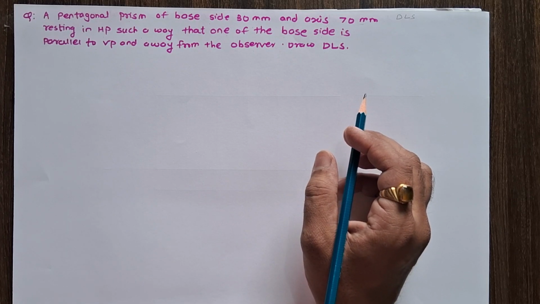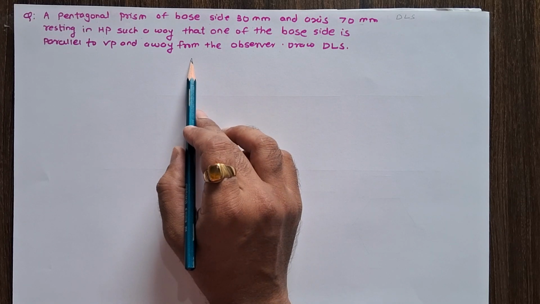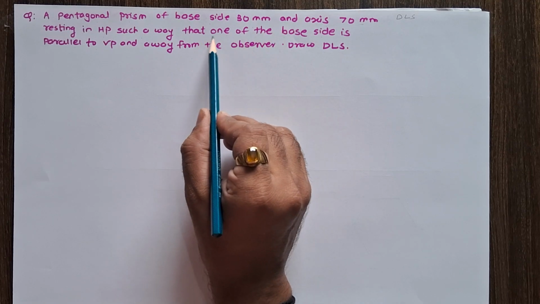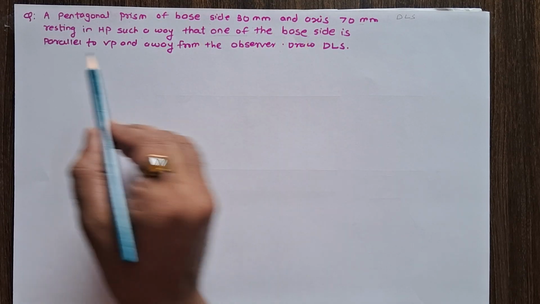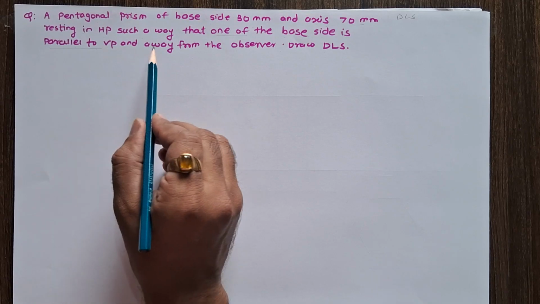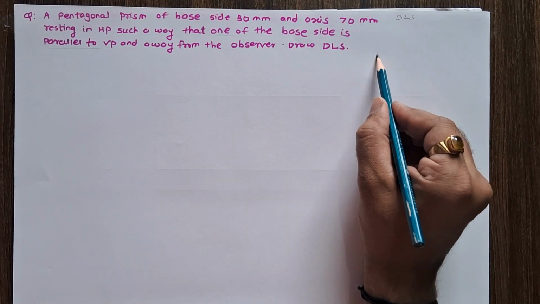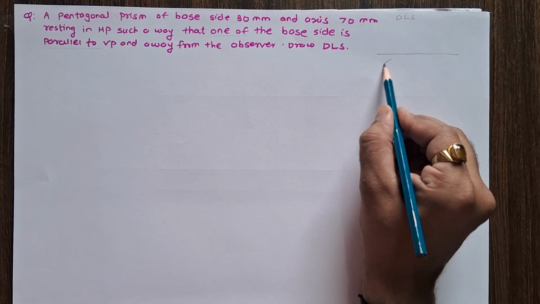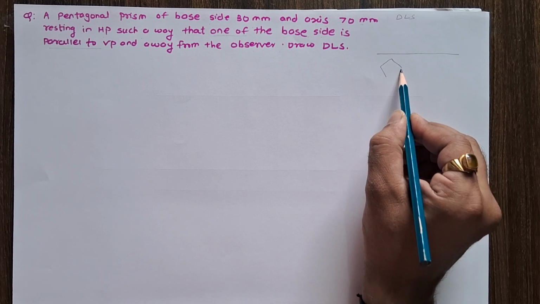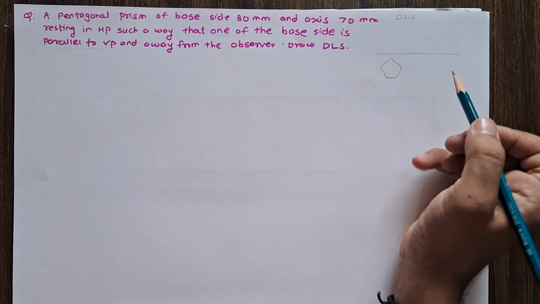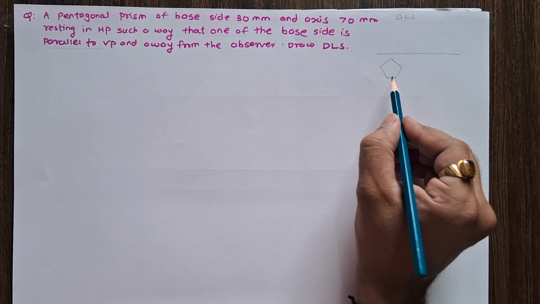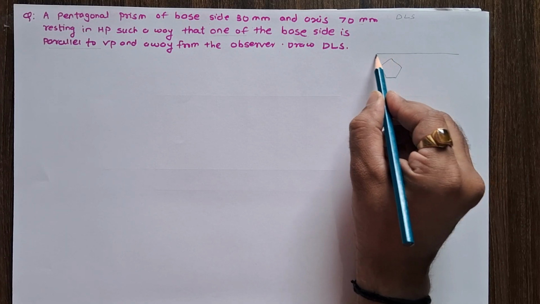Now in this problem, the resting condition is given, and the condition is that one of the base edges is parallel to VP and this same edge is away from the observer. Now you can see here, if you draw a pentagonal prism top view like that, one of the edges is parallel to the vertical plane.